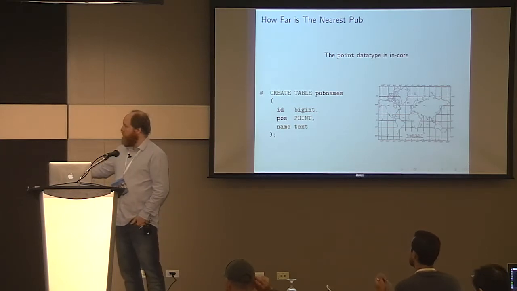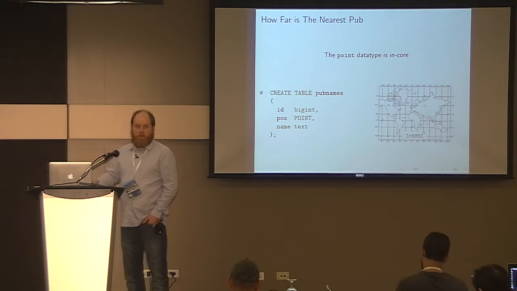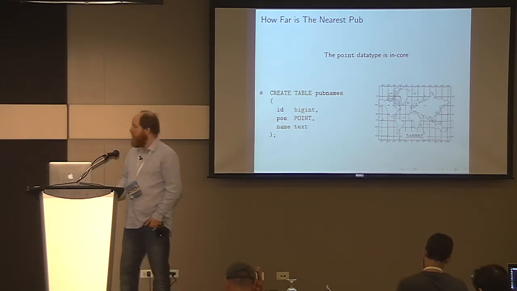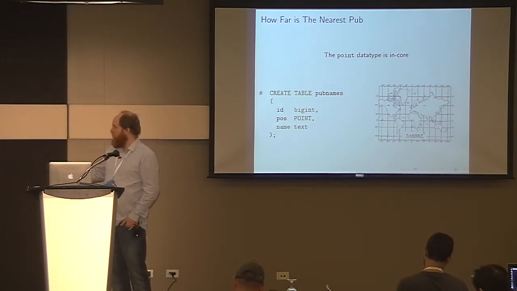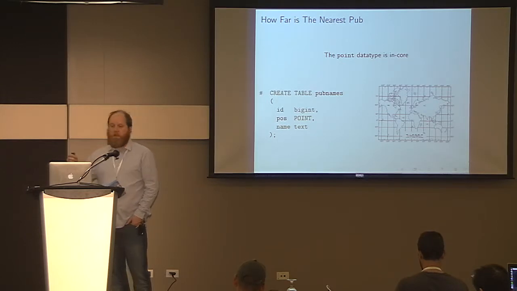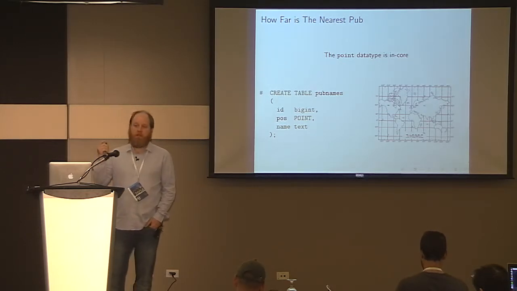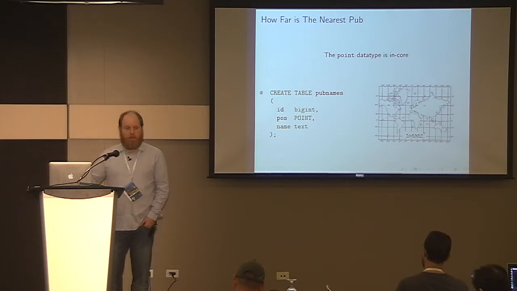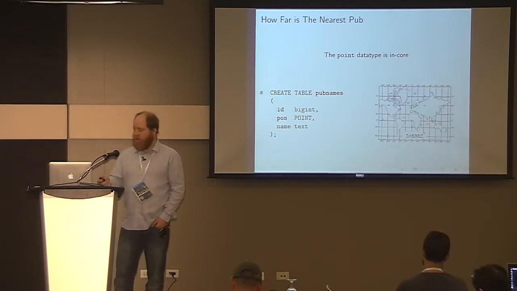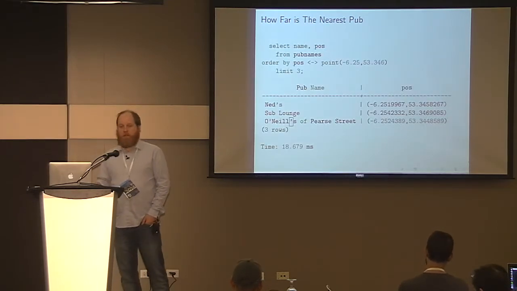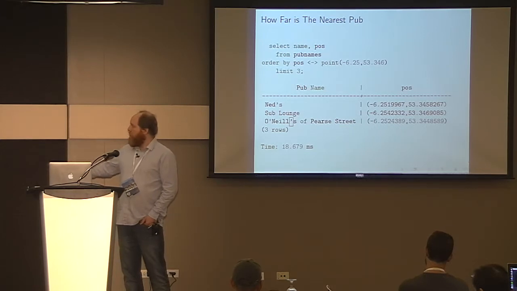So if we have a table with the names of the pub and a position as a point, so point is the PostgreSQL data type that you will use in that case. Remember that the point is just a basic 2D vector as you did in high school. It's not smart enough for computing the distances. For the distances, you need the sphere. You need to consider that the Earth is a sphere. So let's do that.